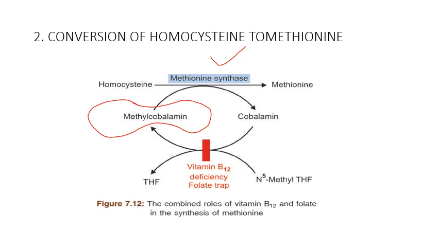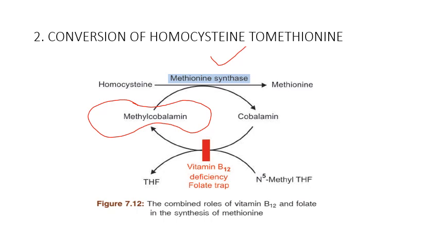This is a transmethylation reaction. The methyl group is donated to homocysteine to form methionine, and the methylcobalamin itself is converted into cobalamin. For the resynthesis of methylcobalamin, it requires N5-methyl tetrahydrofolate, which gives its methyl group to the cobalamin and itself is converted into tetrahydrofolic acid, and resynthesis of methylcobalamin occurs.